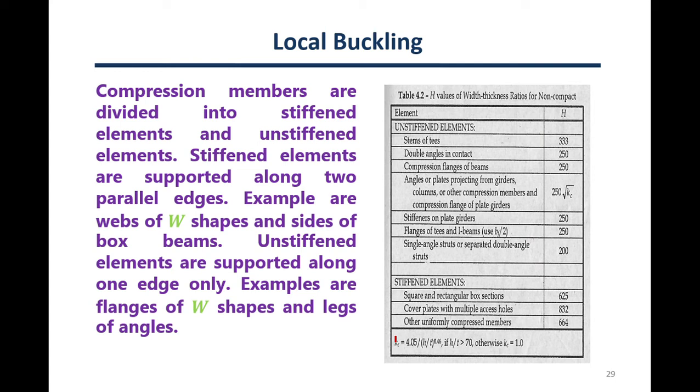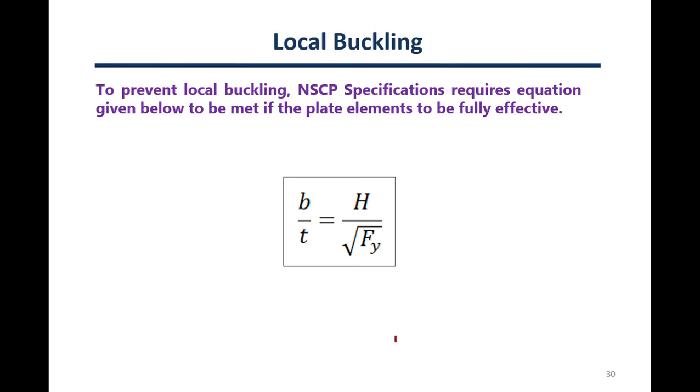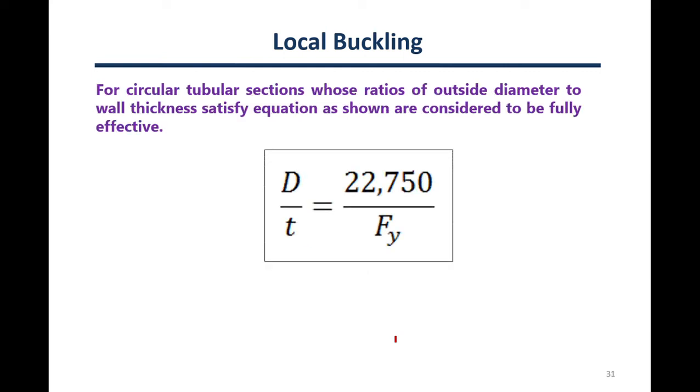Unstiffened elements are supported along only one edge. Examples are flanges of shapes and legs of angles. So we have here B over T, we have to get for the B over T is equal to H over square root of Fy according sa code. So makikita natin yan. And then D over T is equal to 22,750 over Fy. So makukuha din natin yan doon.